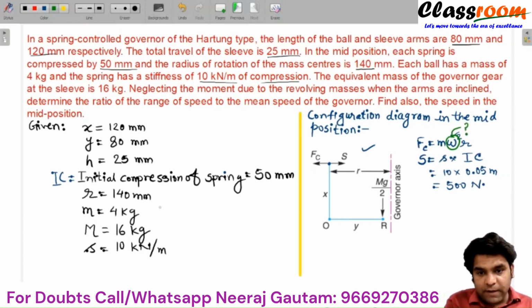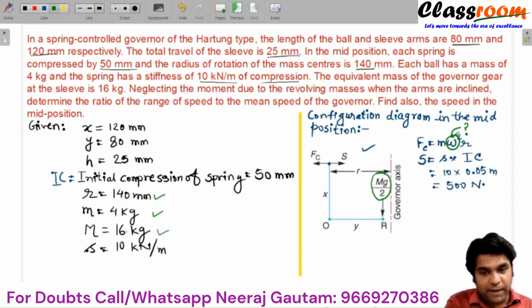We know the value of mass m, and we know that the value of r is 140 mm. So you can write Fc in terms of omega. Now we also know that the total mass on the sleeve is 16 kg, so its half is 8 kg.